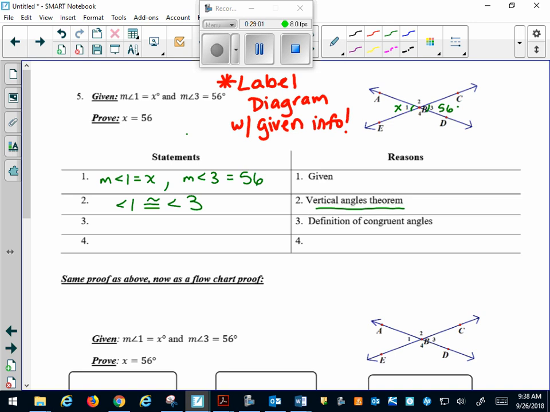Now my next step, the reason is definition of congruent. So we said we're going to use that to turn congruence into equals or equals into congruence. In this case, we have congruence. We want to turn it into equals. So what's my next step going to say? If angle 1 is congruent to angle 3, then what?